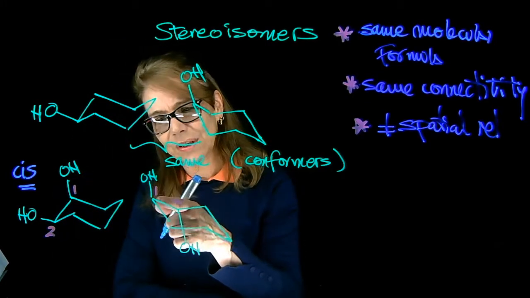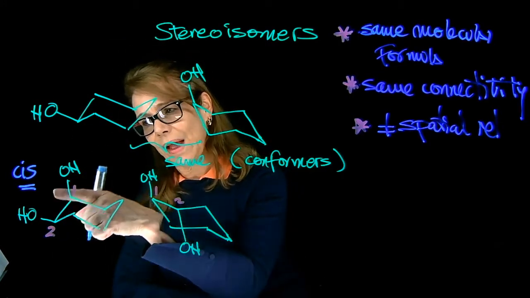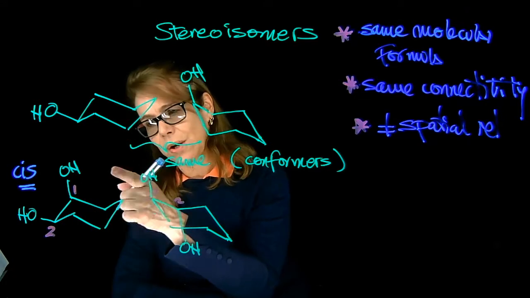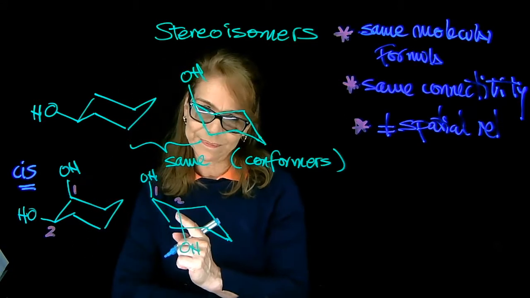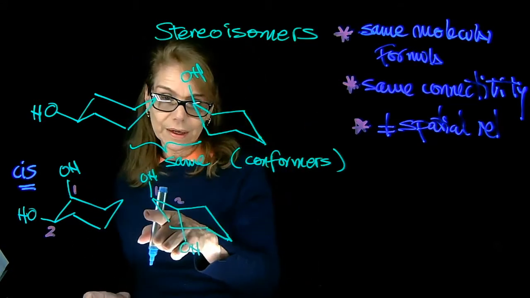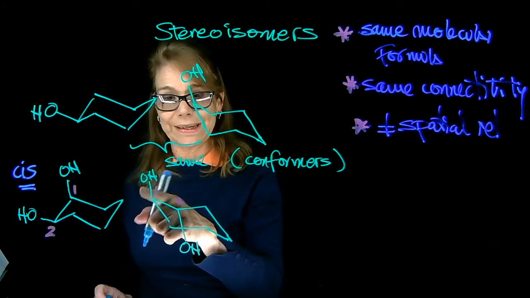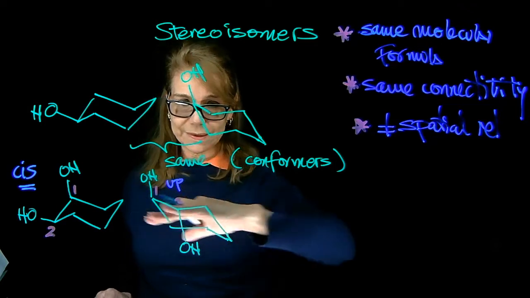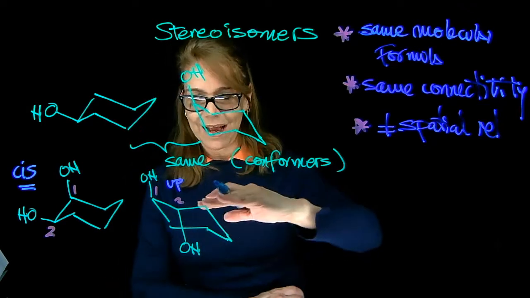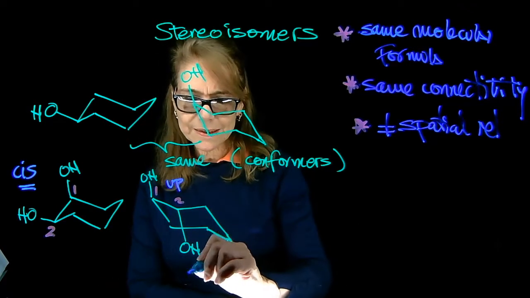And this is up, up. In this conformer, we have axial, equatorial. Now, here in the molecule on this side, this is pointing up relative to, let's say, the plane, and this is down.